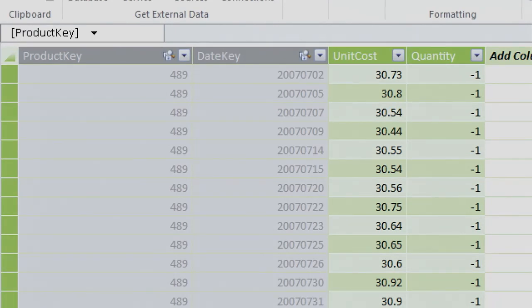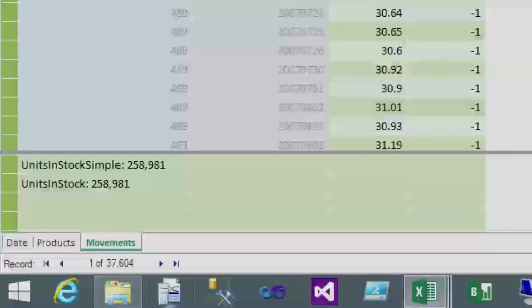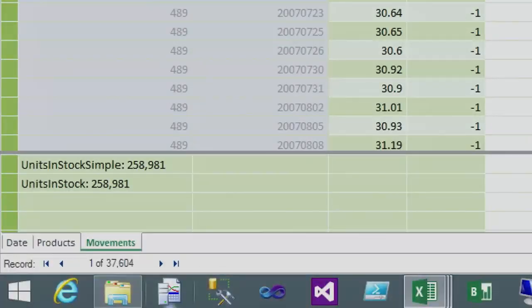Now, if you don't have at least one transaction for every product for every day, you have a smaller number of rows for the same amount of time. And sometimes the difference can be 1 or 2 orders of magnitude.